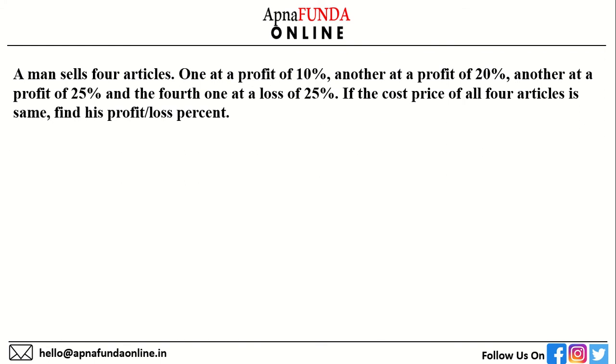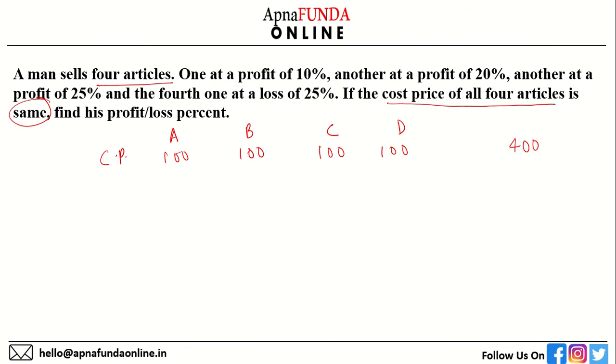So what we know, there are 4 articles. So let's say A, B, C, and D. We know the cost price of all the 4 articles is same. So let the cost price of all this be 100, 100, 100, 100. So the total of this is 400.